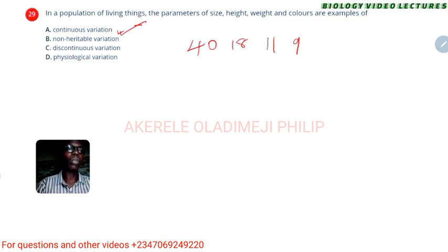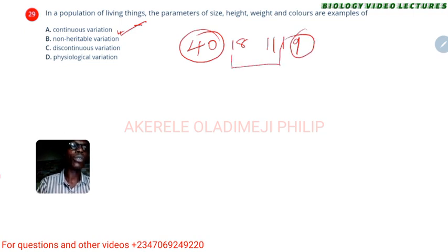Now, the biggest here is 40, the smallest here is 9. Now, because you have a middle value or a middle variation, that's why we say that height is continuous. Any variation whereby you have intermediates between two extremes is called continuous.